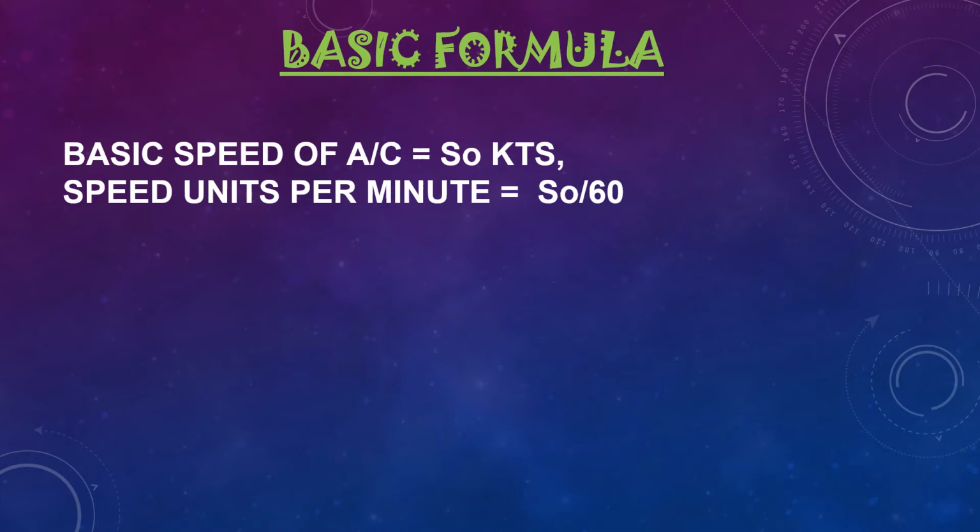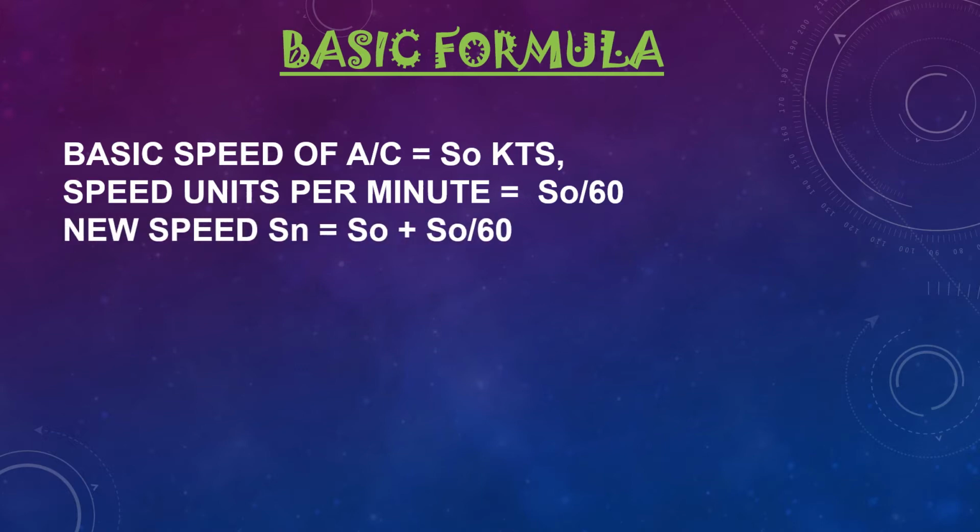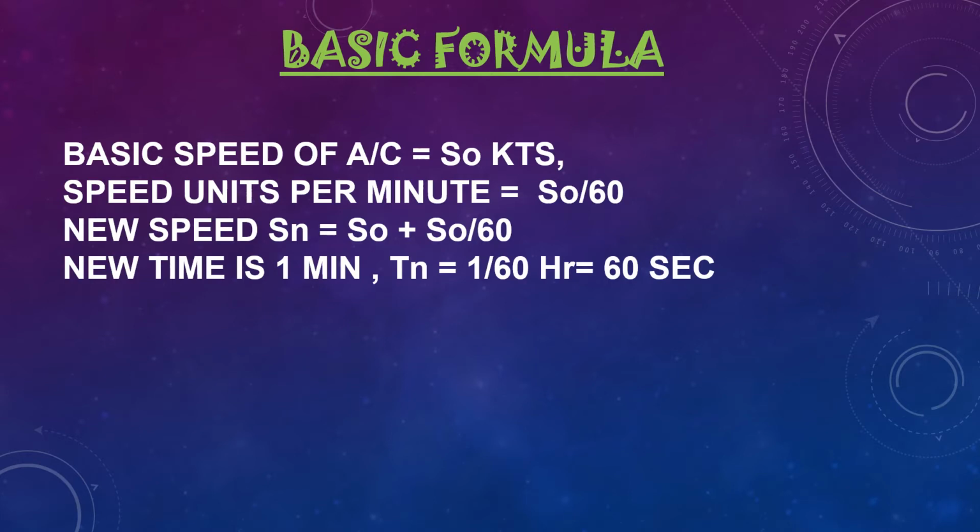Assuming the basic speed of an aircraft as SO knots, as per the corollary, the speed change should be equal to ground speed per minute, which in this case will be SO by 60. So the new speed becomes SO plus SO by 60. Also, this new speed has to be held for 1 minute, which is 1 by 60 hours.